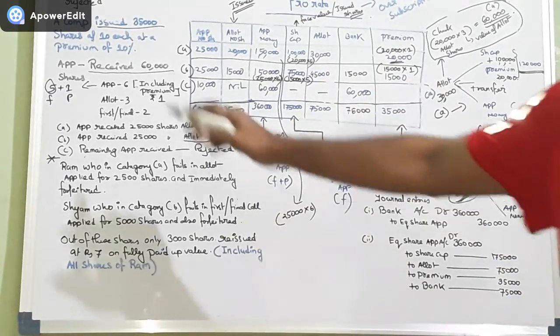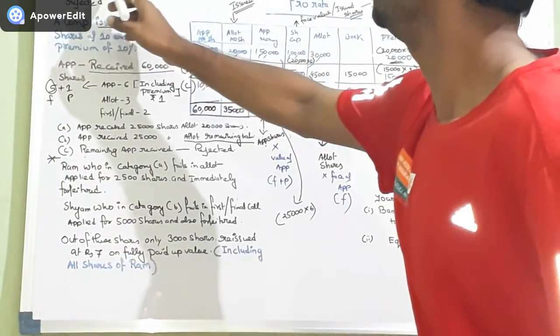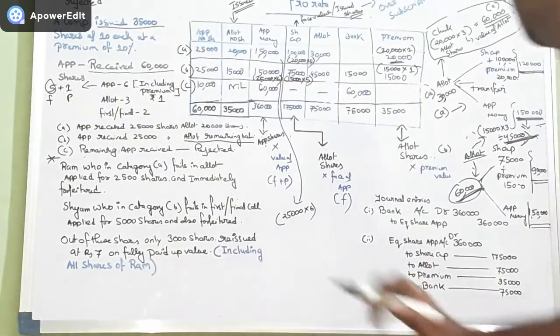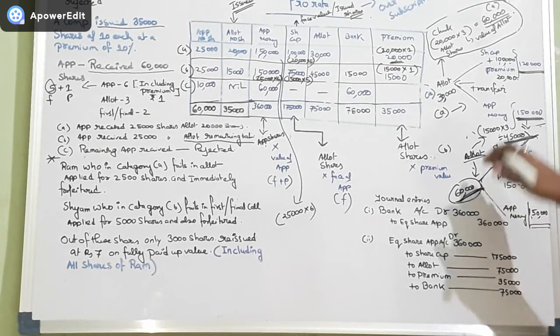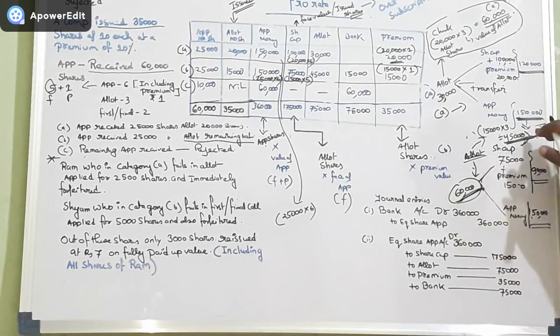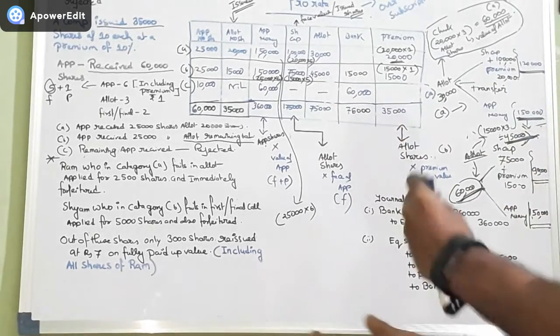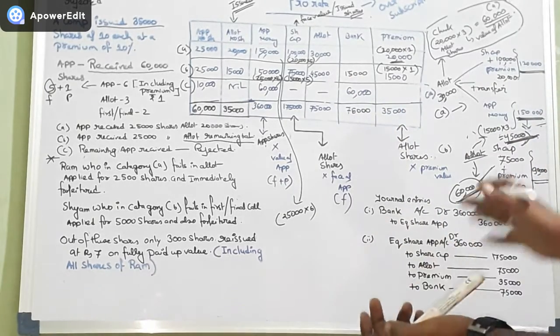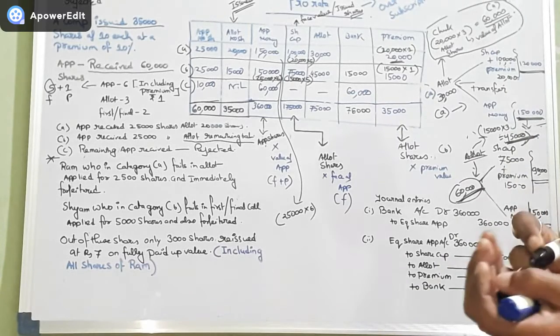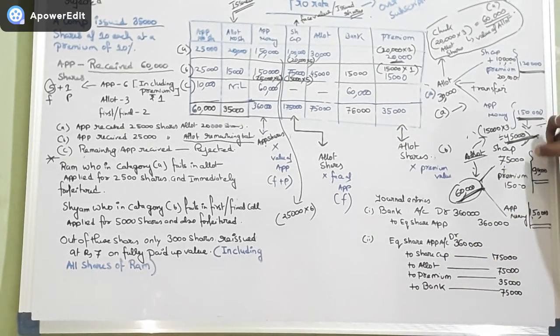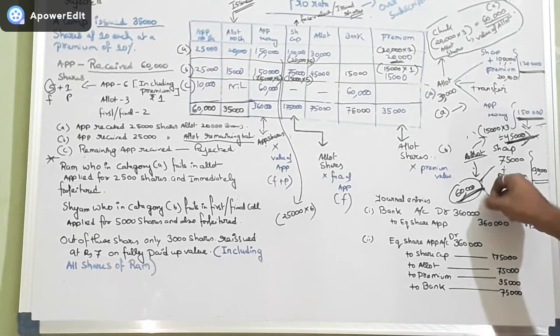Now comes this portion: over-utilized beyond allotment. So what is happening here? There is a surplus of 60,000, but the fund available is 45,000, so it is going beyond allotment. Even if we utilize the allotment money fully, it is going beyond, because allotment money is 45,000 and surplus money is 60,000.